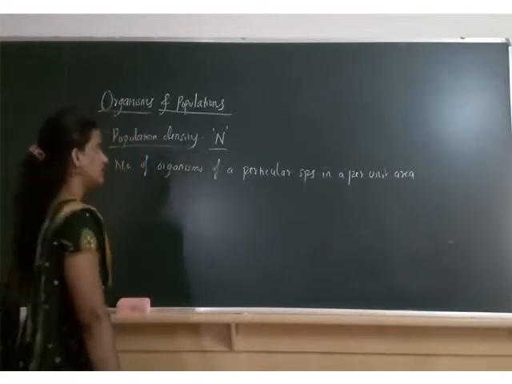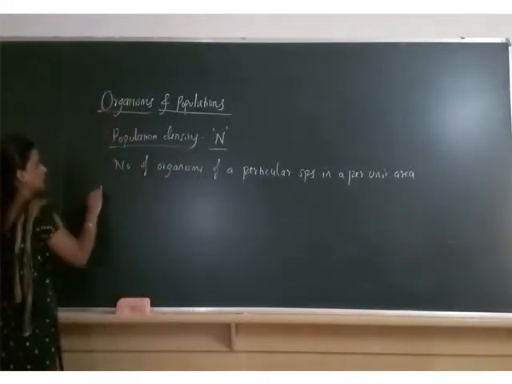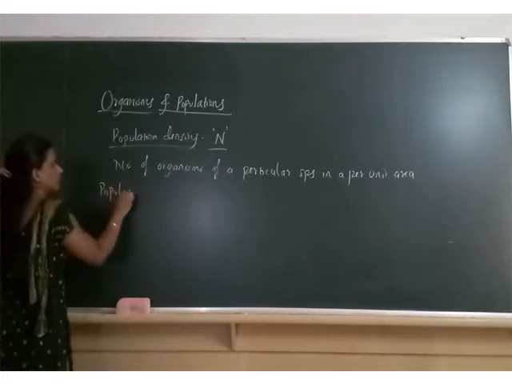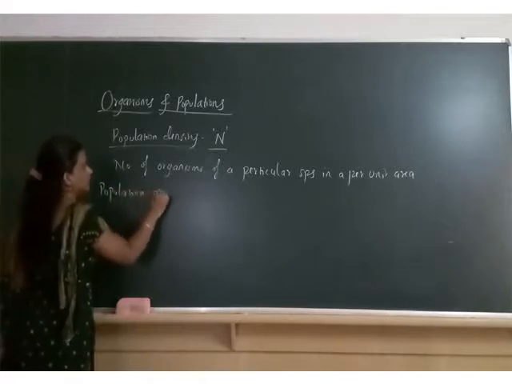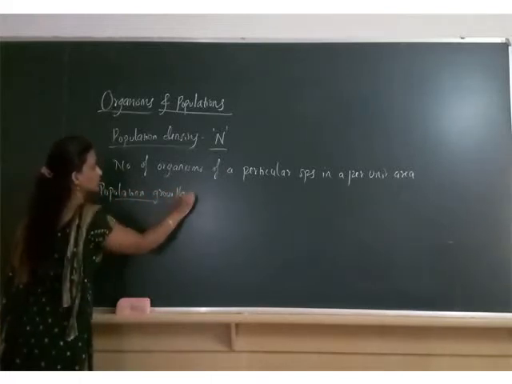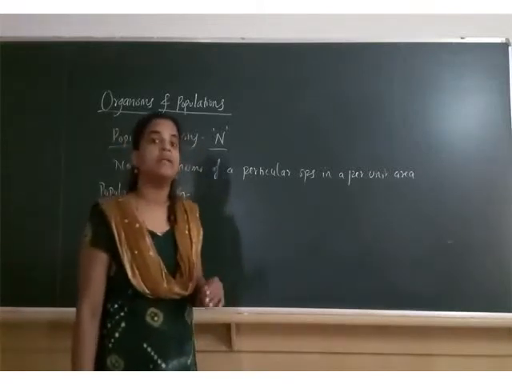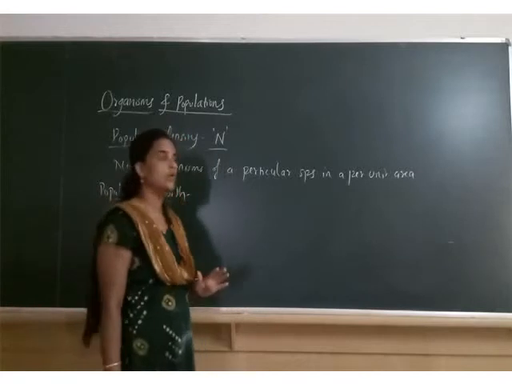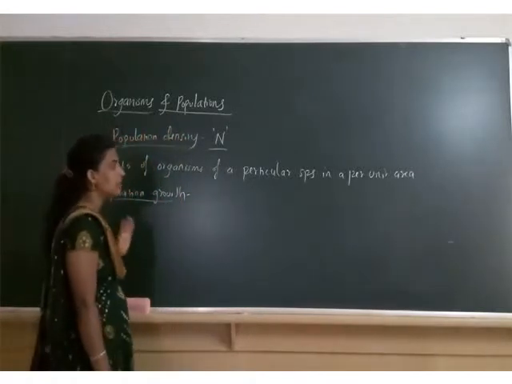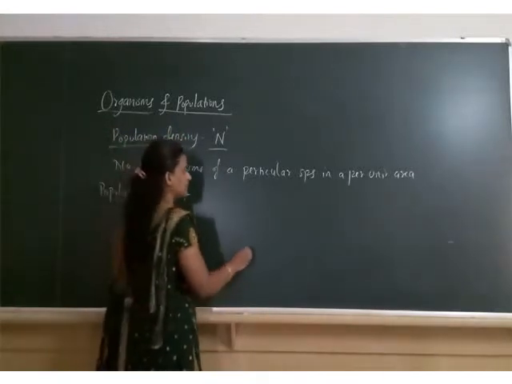Okay, and next we will start with population growth. How is the population going to grow and how is it going to be calculated? On what basis is it going to grow? On different bases.